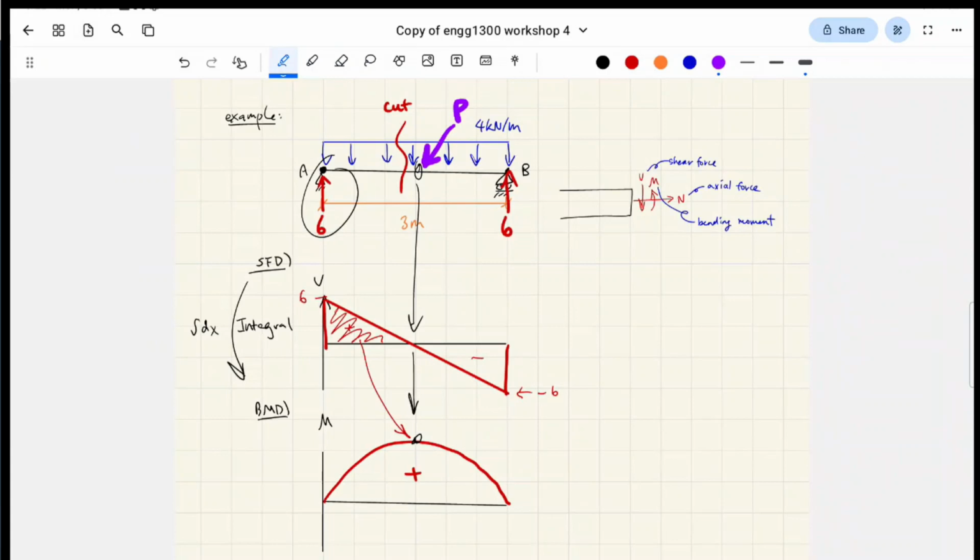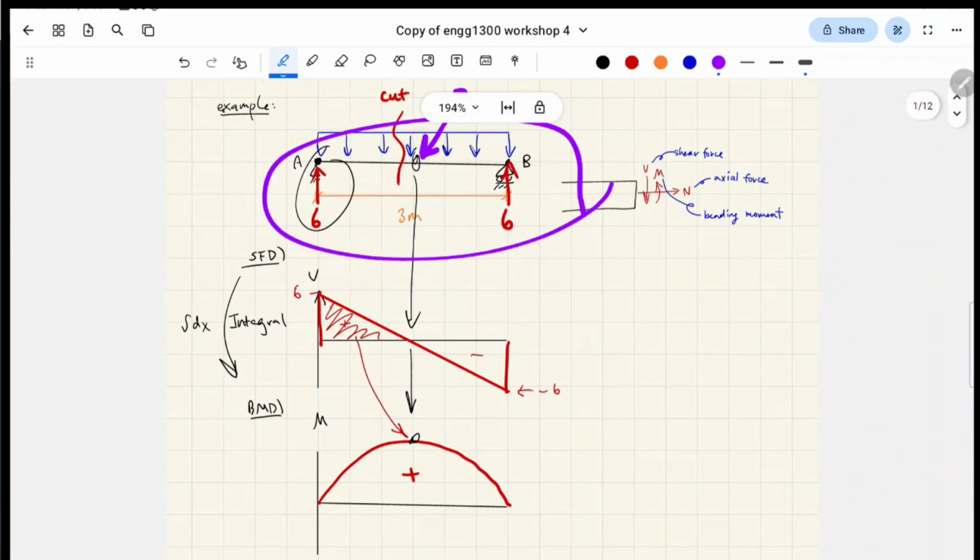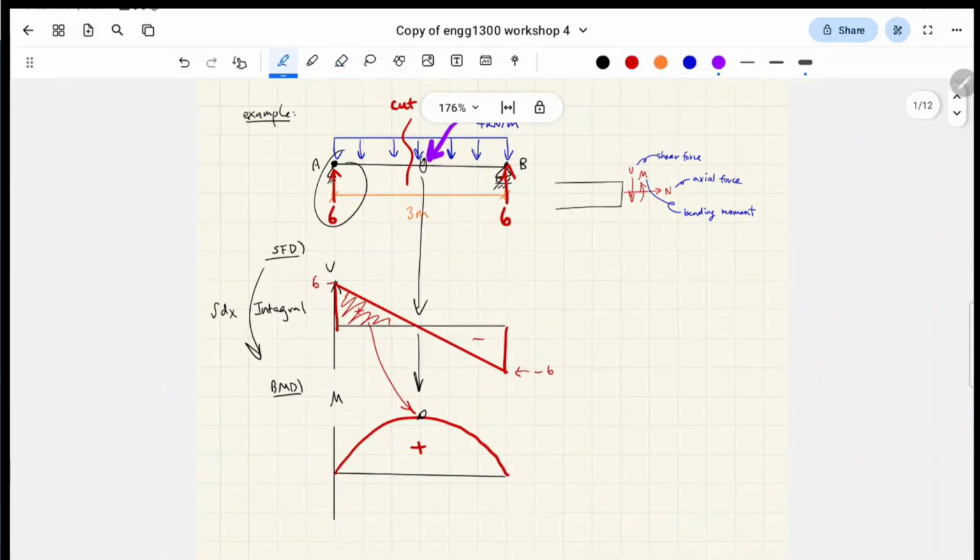It happens in frames as well, but we never need to derive the bending moment diagram or shear force diagram for a frame in this course. You'll only ever see a horizontal beam.